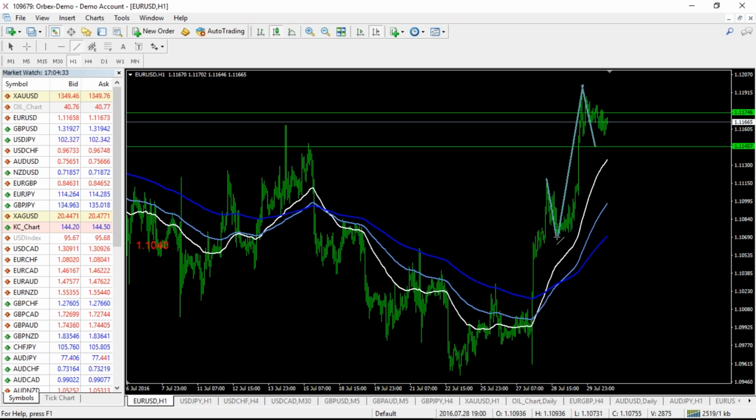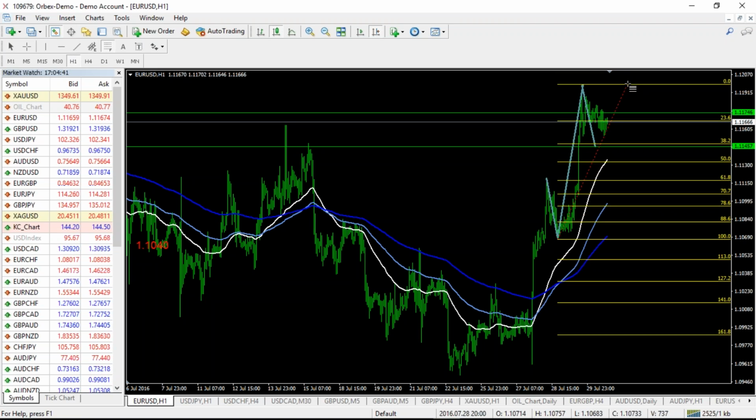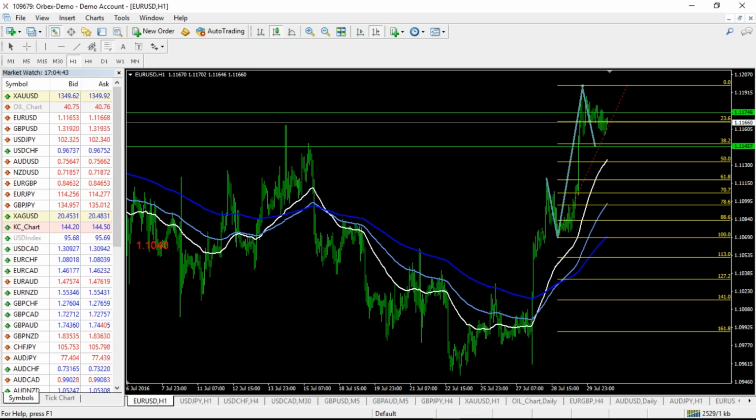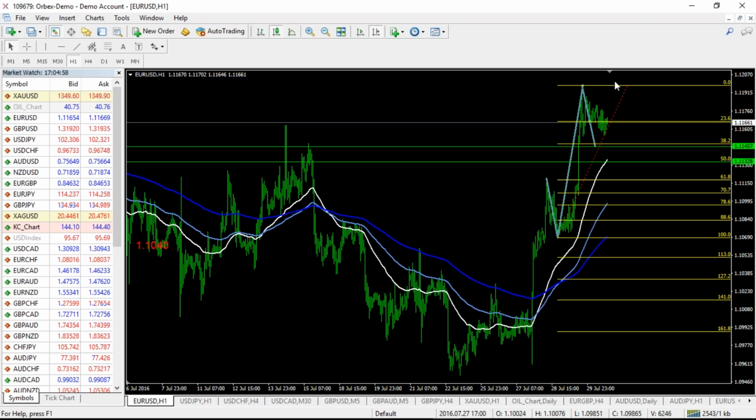Okay, so the move downwards, usually it's about 50% of B to C. So the C to D would be 50%. So we've got some space there, which is between the two green lines. So I'll just get rid of this one here.